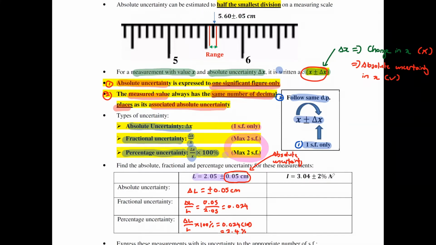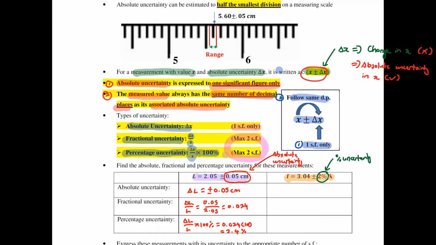In our next value, we have I equals 3.04 plus minus 2% ampere. Notice that the uncertainty here is slightly different because there is a percentage symbol attached to it. When you have a percentage symbol attached to your uncertainty, it is not talking about the absolute uncertainty. Instead, it is actually referring to the percentage uncertainty.